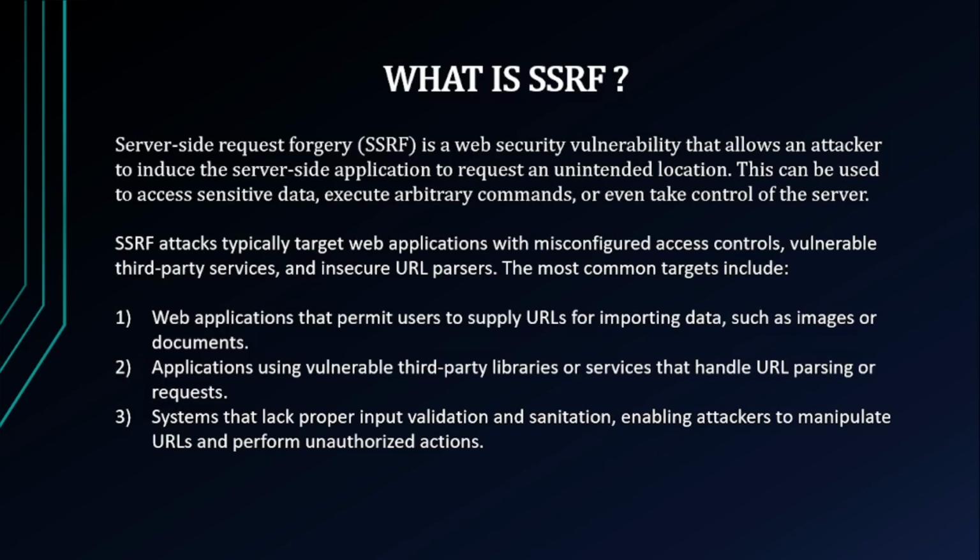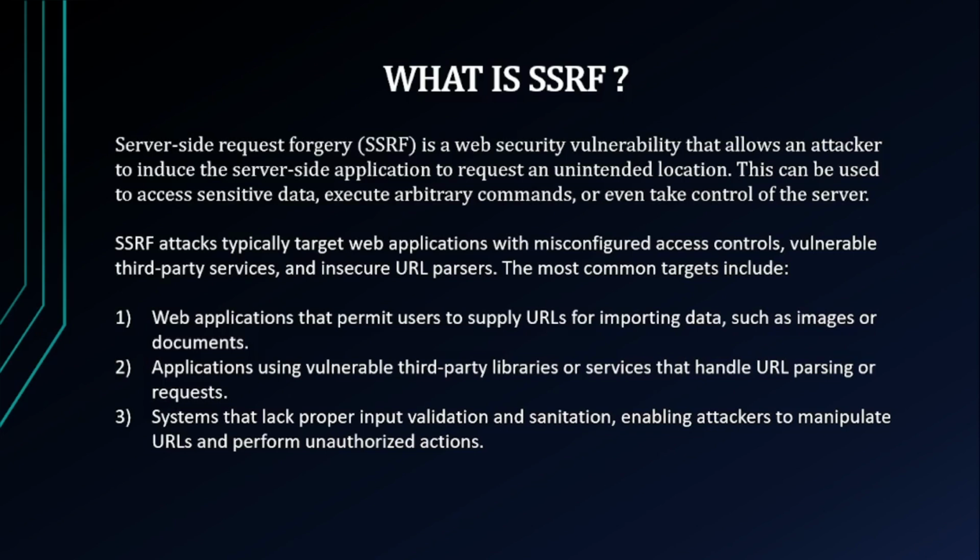Server-side request forgery is a type of attack where an attacker exploits vulnerabilities in a web application or manipulates server-side requests. These attacks typically target applications that import data from URLs or allow data retrieval from URLs. The primary goal of an SSRF attack is to gain unauthorized access to internal resources and sensitive information.